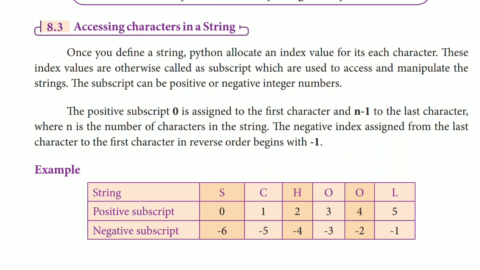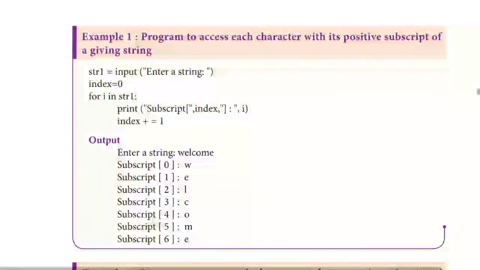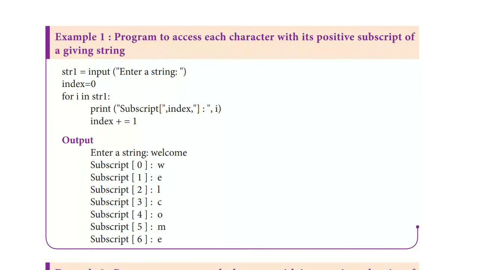Here you can see a small example program to display the word welcome. There are two programs here. The first is a program to access each character of a given string with its positive subscript.